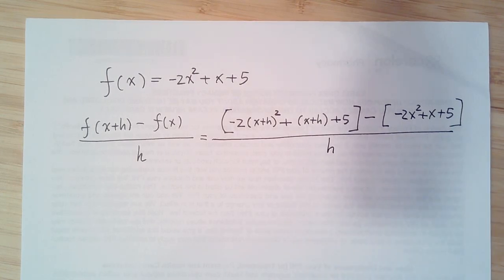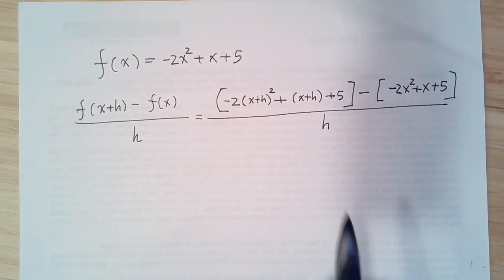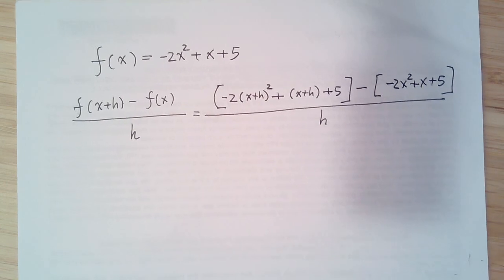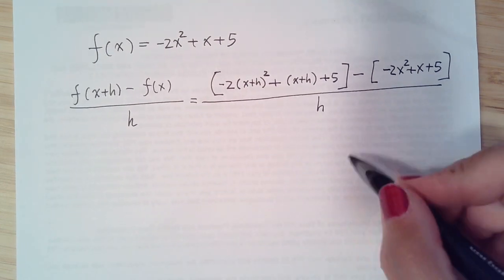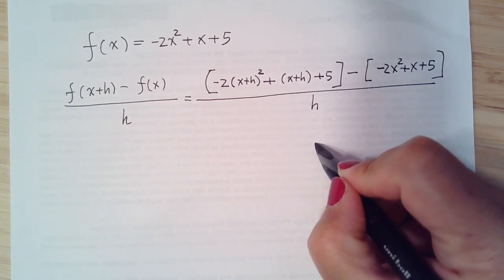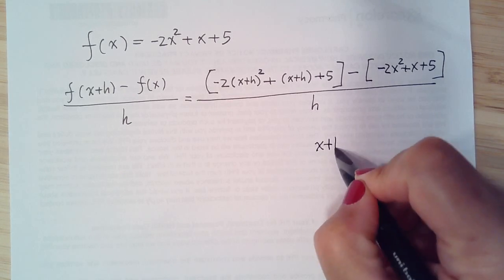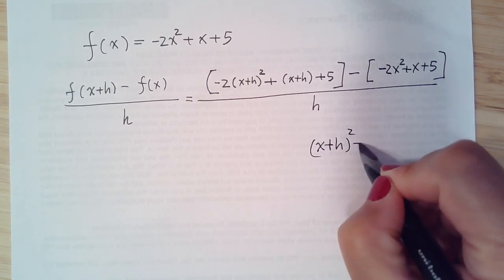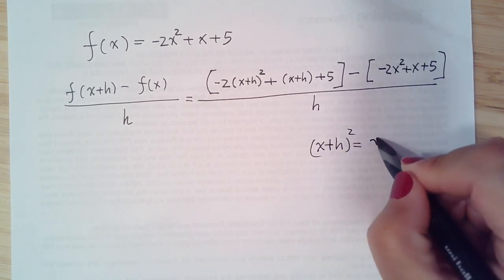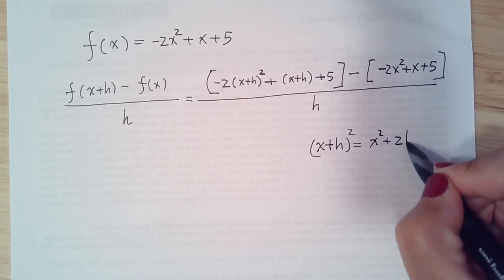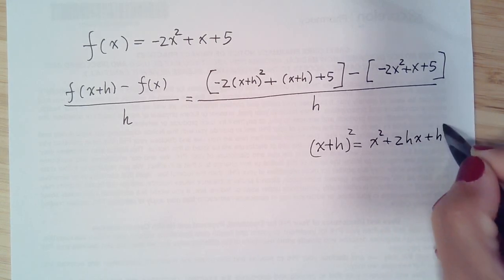Now we're going to spend some time on this because we have x plus h squared. Let me use a little space at the right. If you know the formula, x plus h squared is x squared plus 2hx plus h squared.